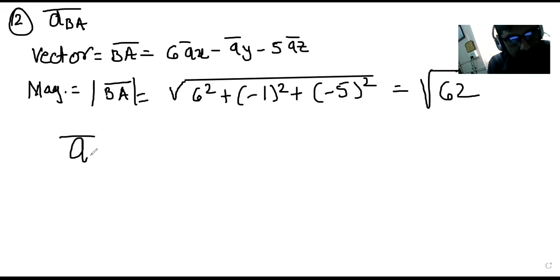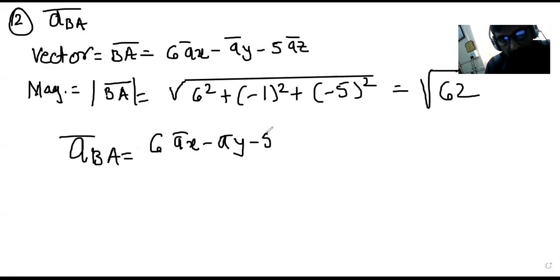So unit vector a bar BA is equal to the vector 6 a bar x minus a bar y minus 5 a bar z divided by, right? Because unit vector is nothing but vector upon magnitude.